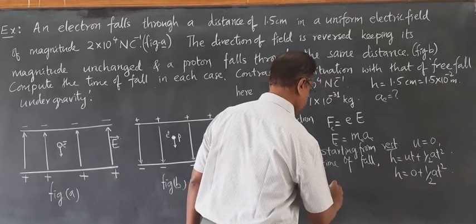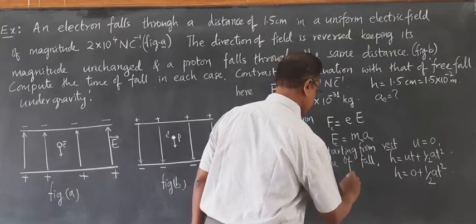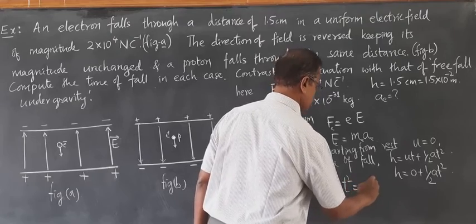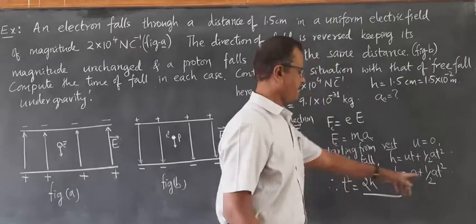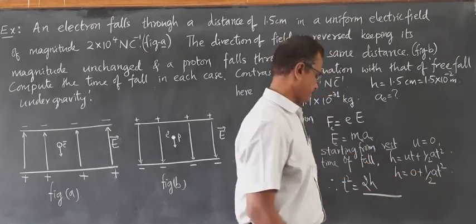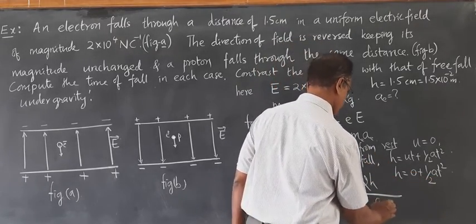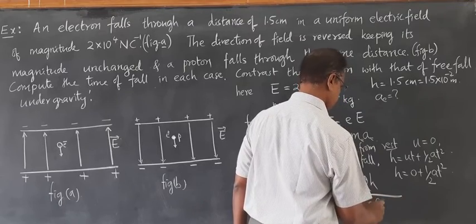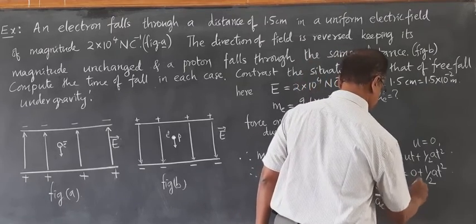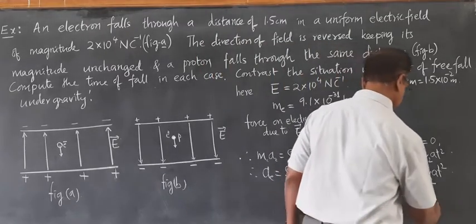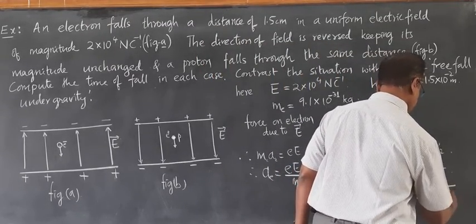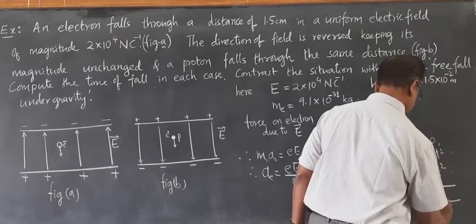Therefore, we get t square is equal to 2h divided by a_e. So this implies t is equal to square root of 2h divided by a_e.